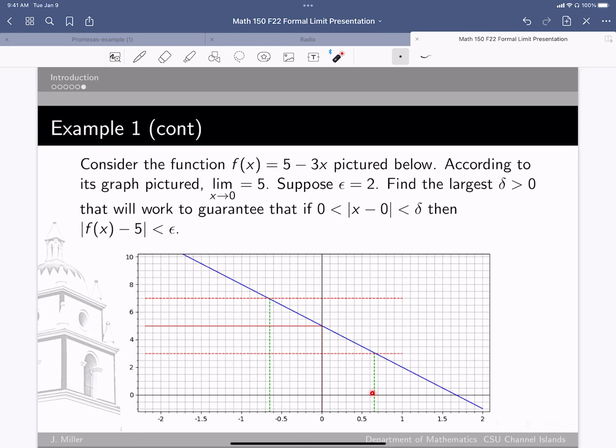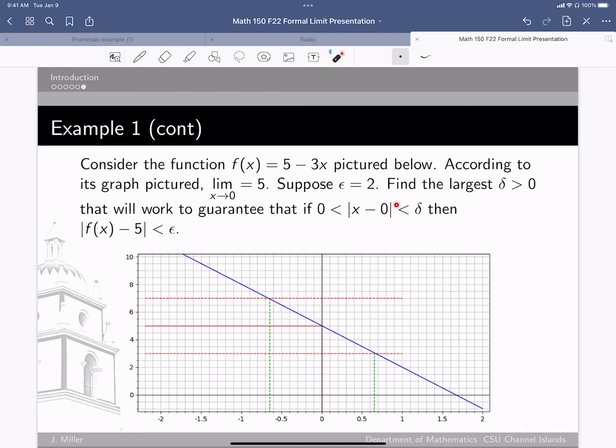So these green lines give us the endpoints of an interval such that if we take something inside that interval, it maps to our output interval that we're interested in.